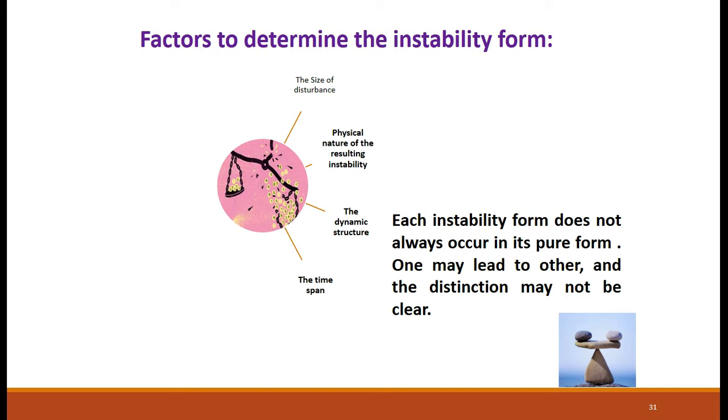The third factor is the dynamics of the power system, that is, the dynamic structure of the power system. And the fourth important factor prone to instability is the time span. That is, if the fault lasts for a longer time, then definitely there is a large deviation of the rotor angle delta, which may cause instability. These are the factors which determine the instability.